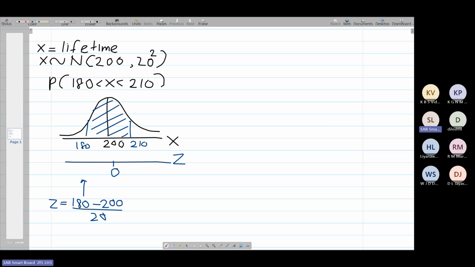Then what is the answer? Minus 1. Why? This value is on the left-hand side of 0, so we get the negative value. Then we need to convert 210 to the Z value: 210 minus mean value divided by standard deviation.